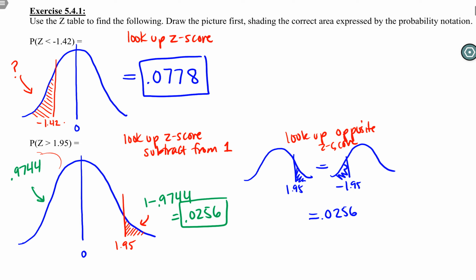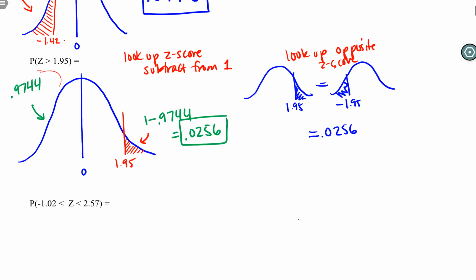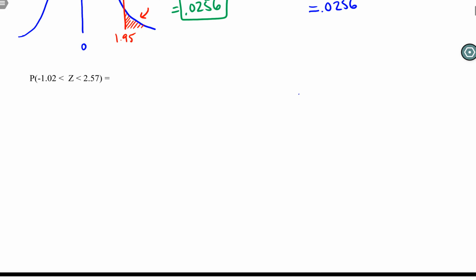So the one that we didn't get to in the last two classes was one of these between probabilities. In this case, we're looking to see the probability our z-score is between negative 1.2 and 2.57. So we can draw this. We know our z-scores come from a normal distribution centered at 0.